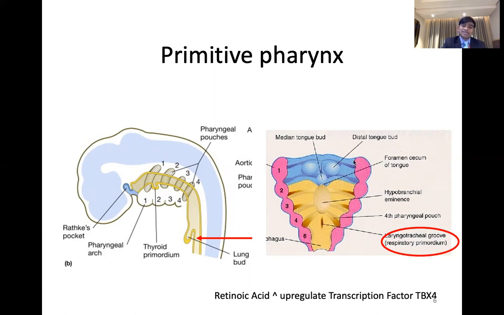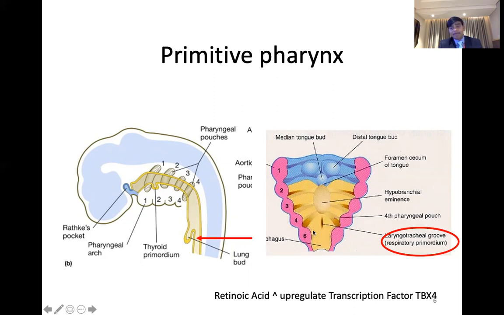Now, this diagram shows the different pharyngeal arches: the first, second, third, fourth, and sixth pharyngeal arches. Everyone knows that the 5th pharyngeal arch degenerates. So over here, you can appreciate the 4th and the 6th pharyngeal arch, and associated with the 4th pharyngeal arch, the hypobranchial eminence.